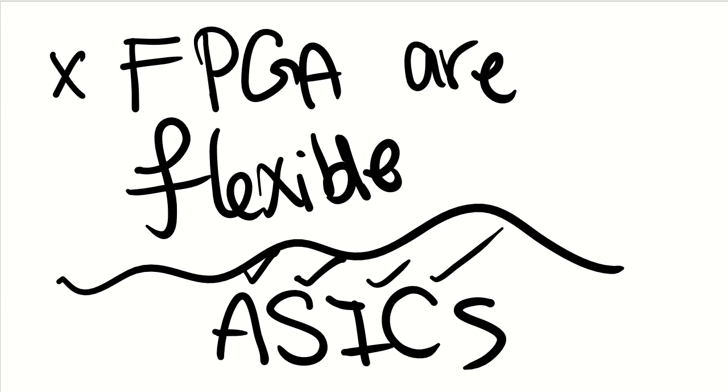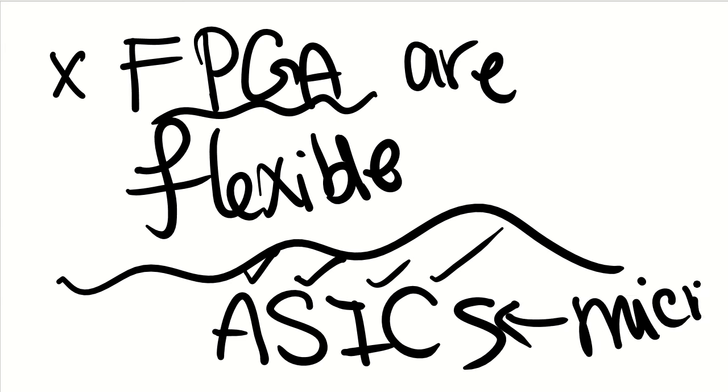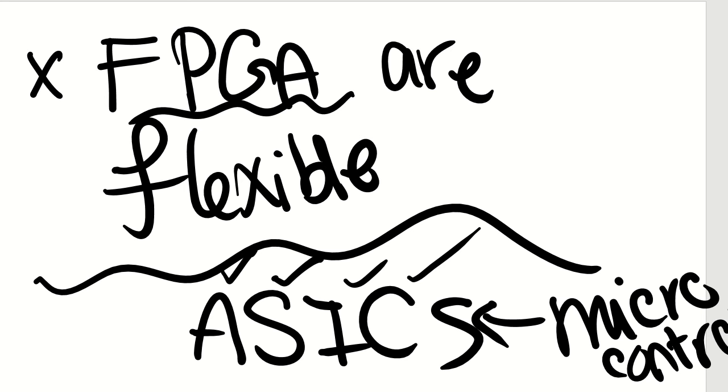But FPGAs can act like microcontrollers. Microcontrollers are ASICs, not FPGAs, but you can design your FPGA to act like one of the microcontrollers. So it's like a higher level.